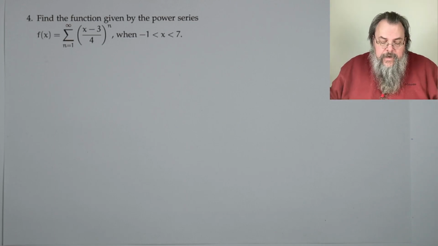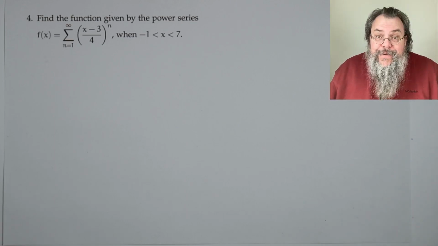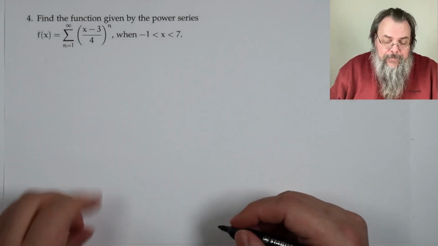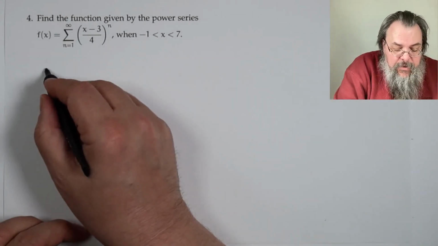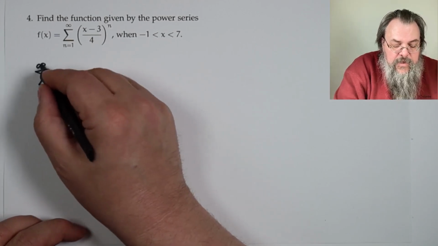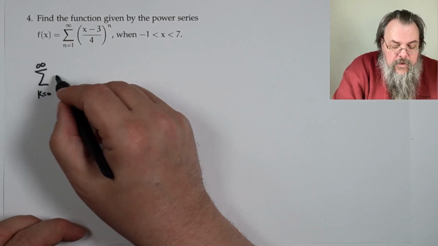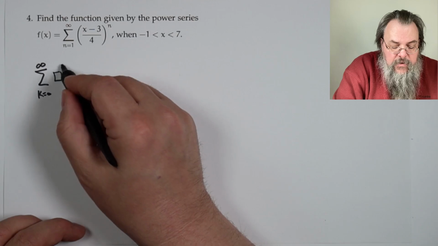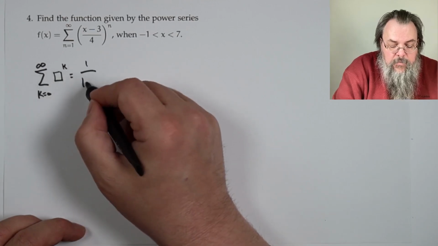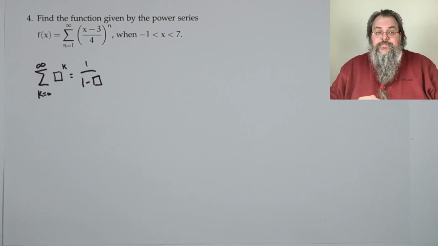One of our nice basic facts is about geometric series. And we say this has a geometric flavor. So let's remind ourselves about that. So we have sum, k equals 0 to infinity, of something to the k power is equal to 1 over 1 minus something.